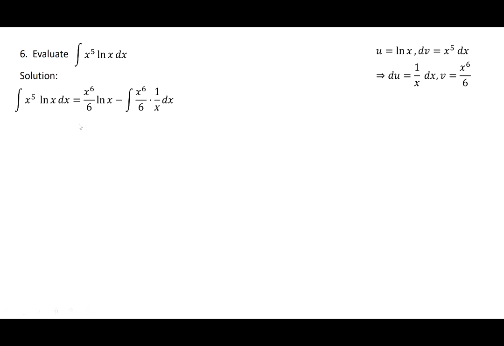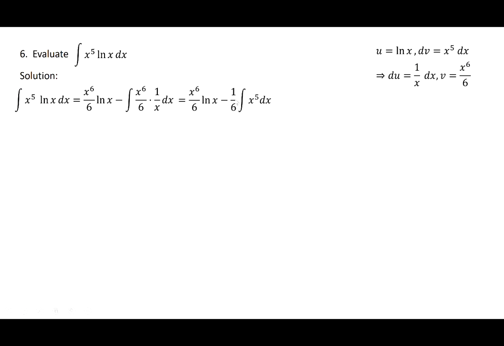uv would become natural log of x times x to the 6 over 6. That's what you see here, the first term, minus v du, x to the 6 over 6 times 1 over x dx. We can simplify this, and x to the 6 over x is just x to the 5, and the 1 over 6 is a constant multiple that can be pulled outside of the integral, and we'll do that.